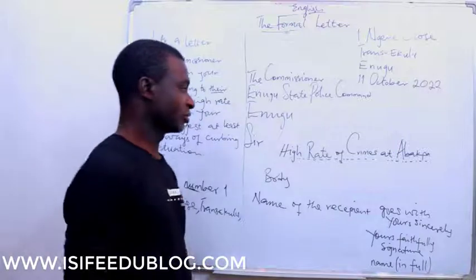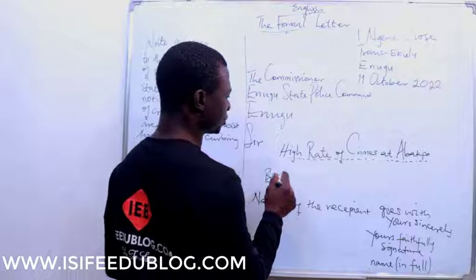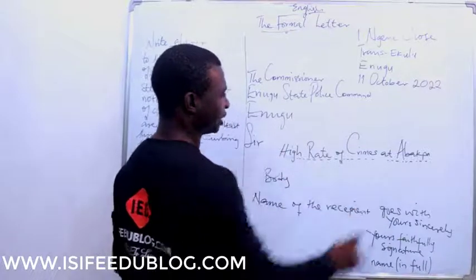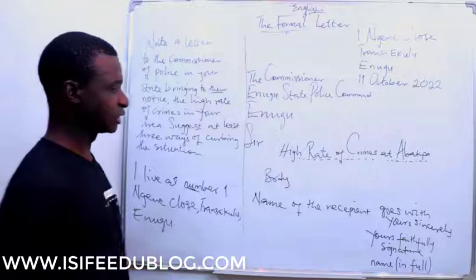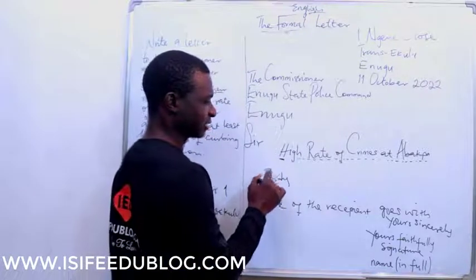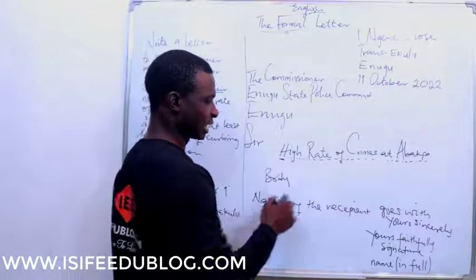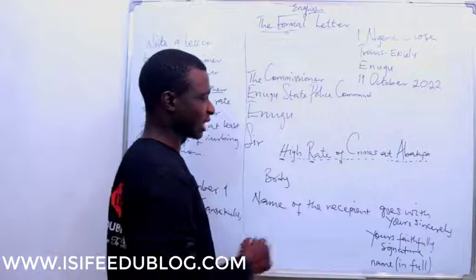Now, look at the title. I have used partial capitalization. High is an adjective, so it starts with a capital letter. Rate is a noun, it starts with a capital letter.